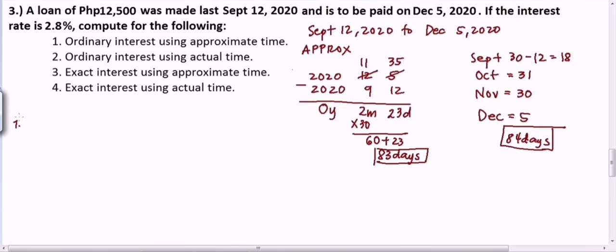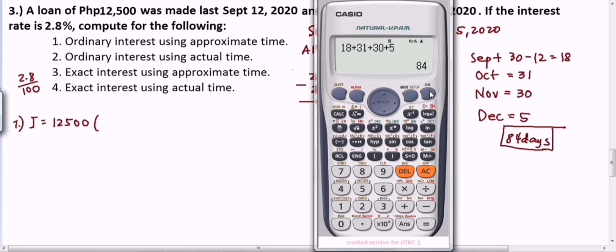Okay? So, number 1, I is equal to, yung P natin, 12,500 times 2.8. Guys, hindi yan ang isasalpak nyo sa formula, itong percent na to, di ba? So, alam nyo na yan, di-divide nyo pa siya by 100. So, pag dinivide nyo yan by 100, or i-move nyo yung decimal pakaliwa ng dalawa, magiging sagot ay 0.028.